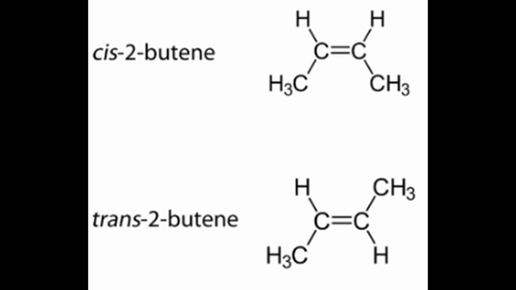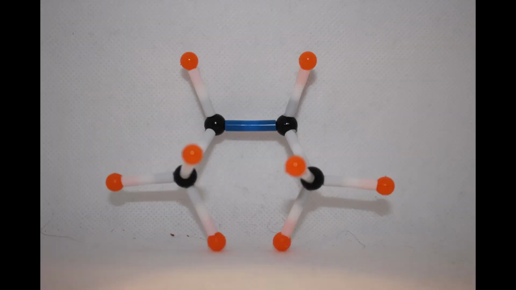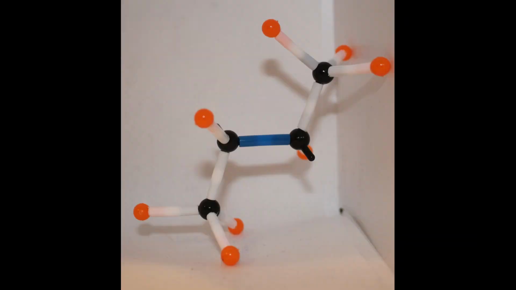These are the German words for together and apart. This should give you some idea of the purpose of this designation. The arms of the compound rotate on an axis, and if they are on the same side, it is a Z isomer. If they are on opposite sides, or apart, it is an E isomer.